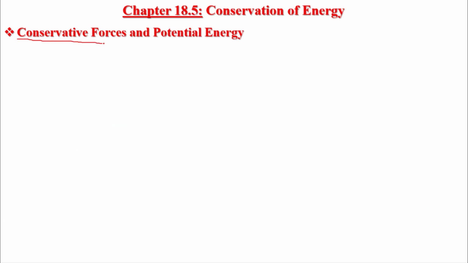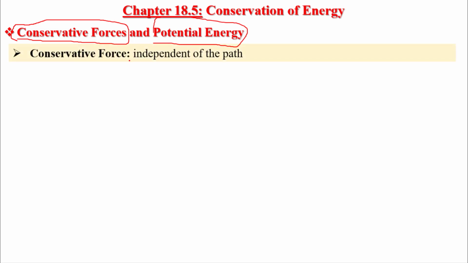When can we say that we have a conservative force or a non-conservative force, and what is the meaning of potential energy? A conservative force is one that is independent of the path.